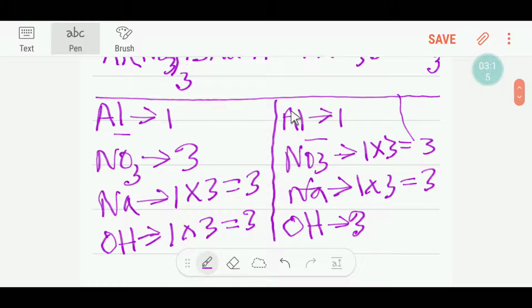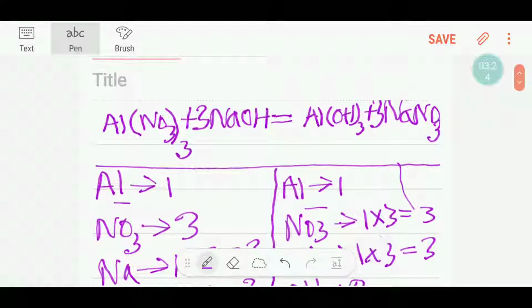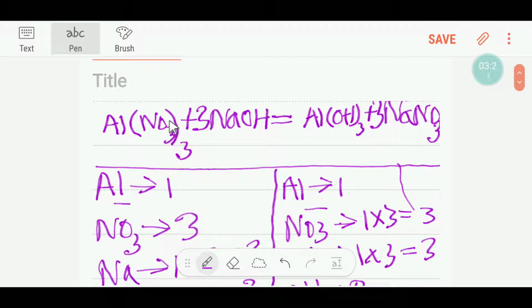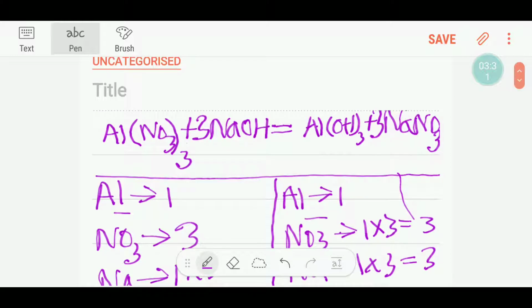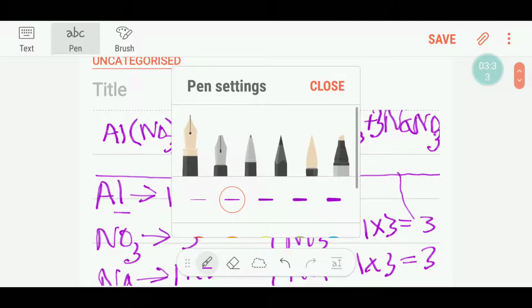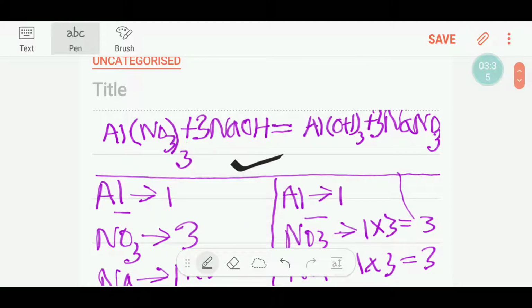So here aluminum is balanced, here nitrate radical is balanced, here sodium 3 balanced, hydroxide 3 balanced. So this equation is balanced, right?